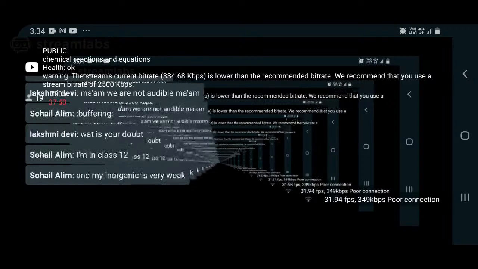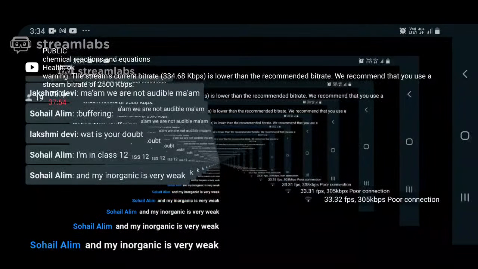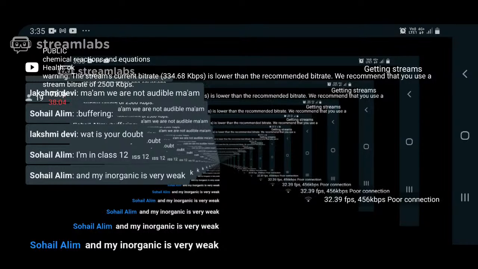Okay. Now, I just discussed how to balance the chemical equation. While balancing the chemical equation, we always have to look at the higher number. The higher number is 4, right? Fe3O4, 4 is the highest number.